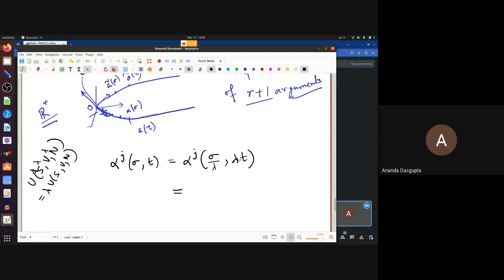Now, one important thing about scaling functions is that you can actually reduce the number of arguments. Why? You can choose lambda to be a special value. For example, you can choose lambda to be exactly equal to sigma. To do that, you see that this thing becomes alpha j of 1 and sigma t, right?